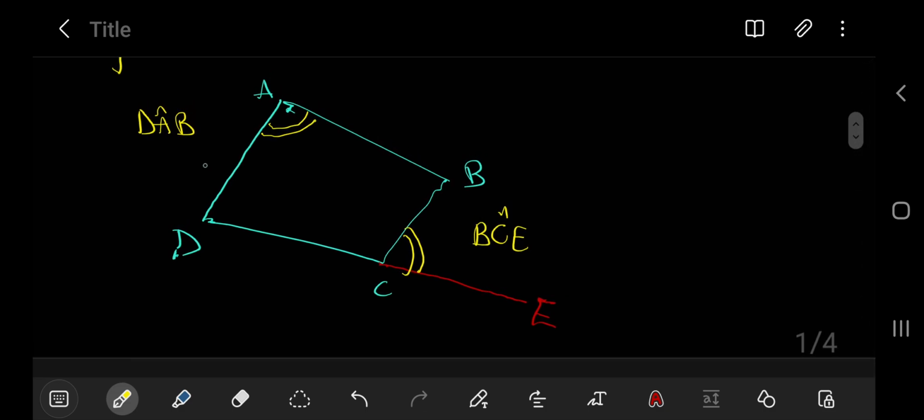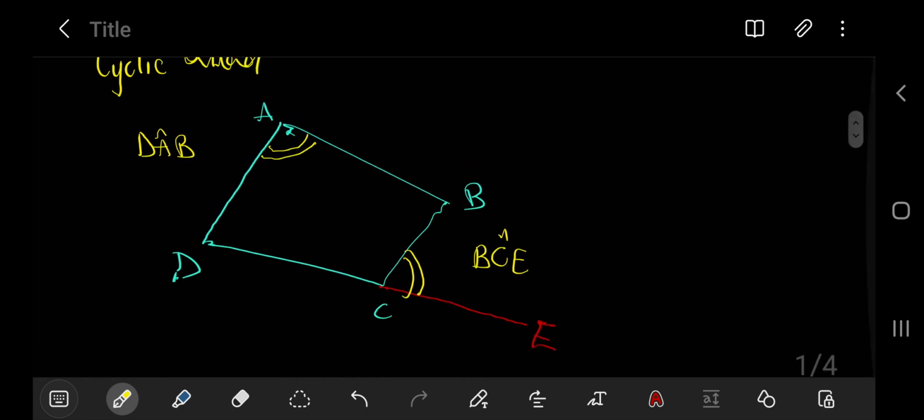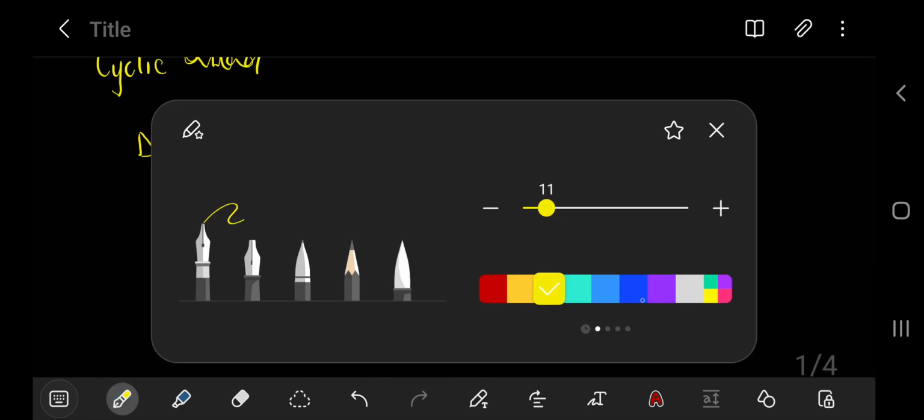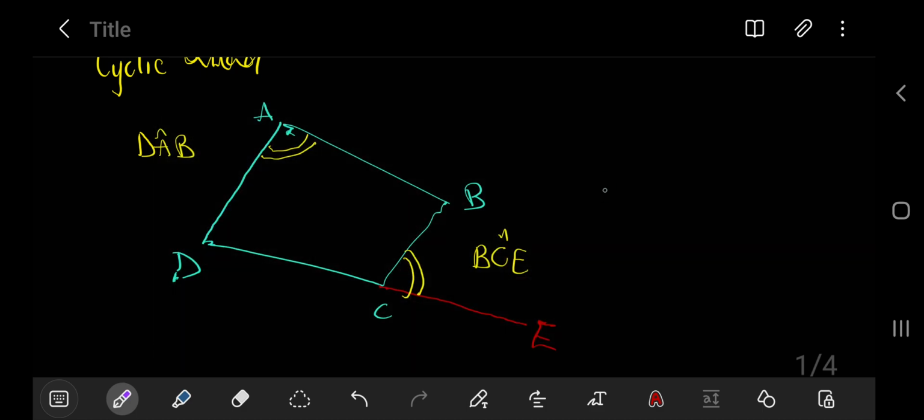So now we can see that there is a continuation of a line. It means one side has been produced to a certain point. So expect an exterior angle. So we can conclude that angle BCE, right? That is equal to angle DAB, or angle A up there.